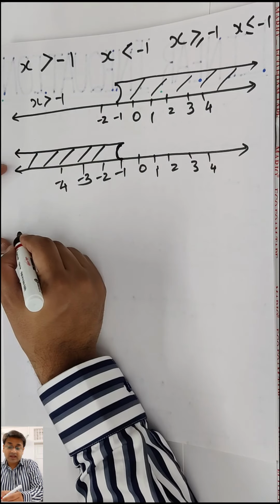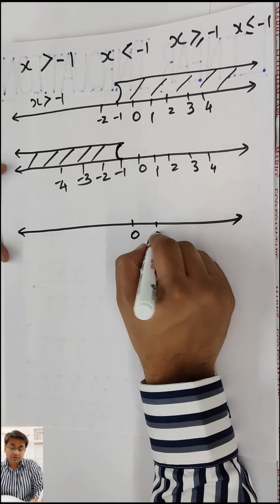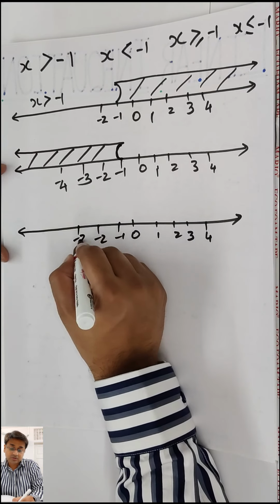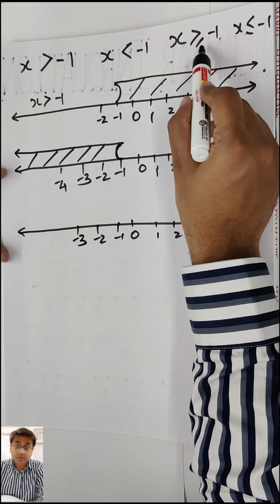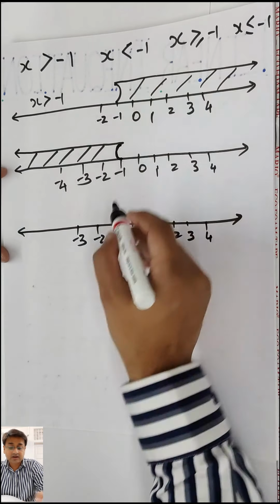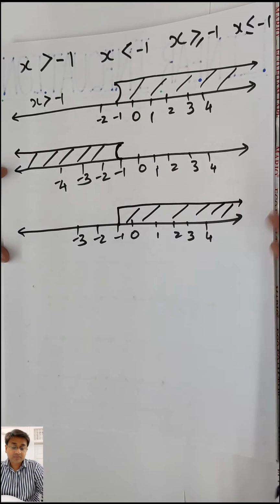The next one, x is greater than equal to minus 1. So 0, 1, 2, 3, 4, minus 1, minus 2, minus 3. Greater than equal to means you're going to use I on minus 1. And x is greater. So greater means you have to go on the right hand side. Again shaded. Simple.